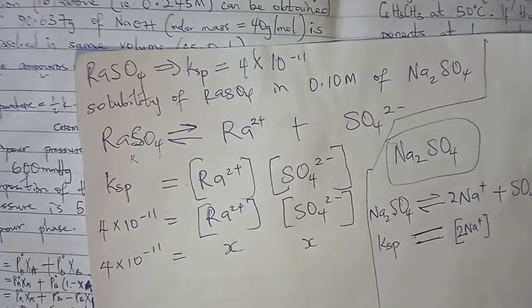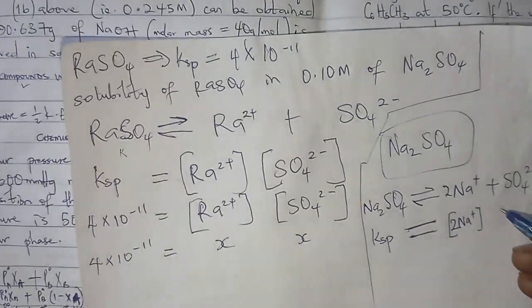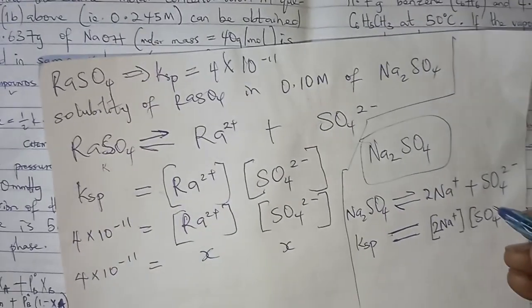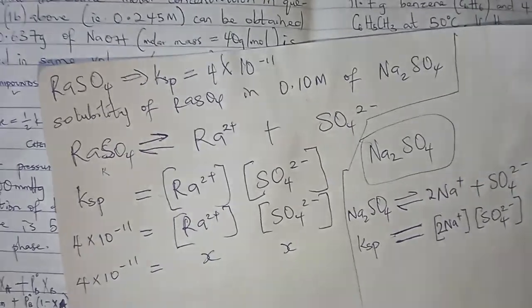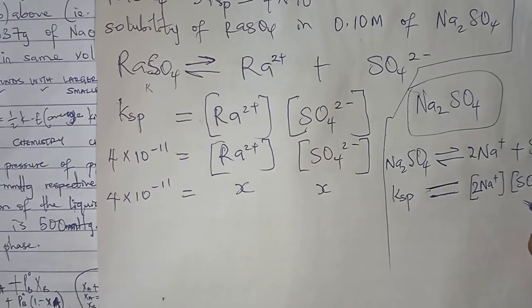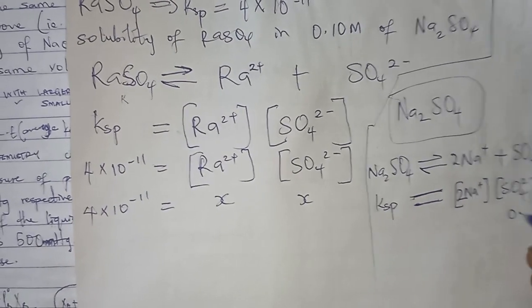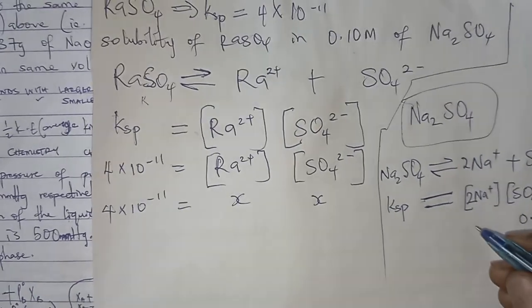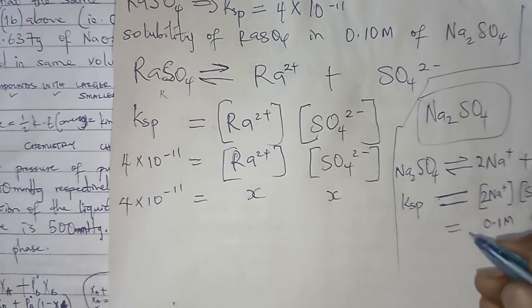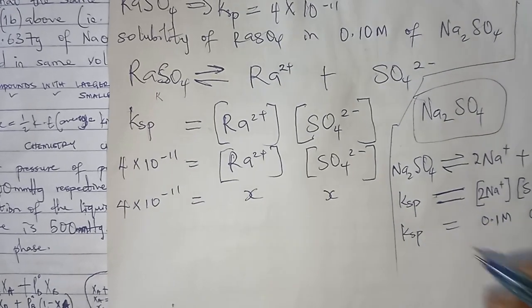So let me always put it so that there will be no confusion. Then SO4 2-. So this is what you will have, but remember that we are given the solubility of this to be 0.1 m. That means this one also has 0.1 m equals to the Ksp.